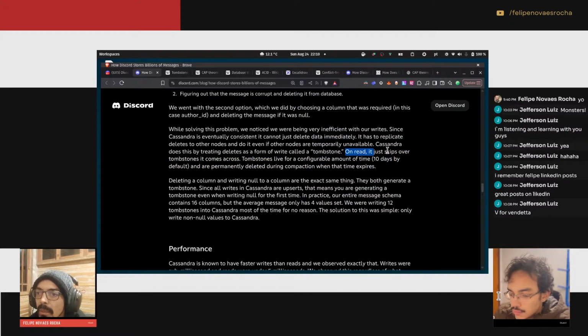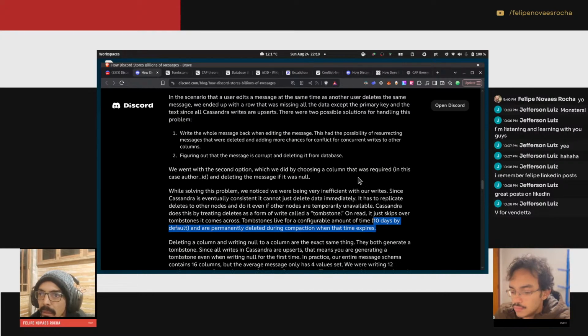So in the read, it skips over a tombstone when it comes across one. Tombstones live for a configurable amount of time, 10 days by default, and are permanently deleted during compaction when the time expires. So there can be a case where a node is off for 10 days, and the data can be resurrected, right?